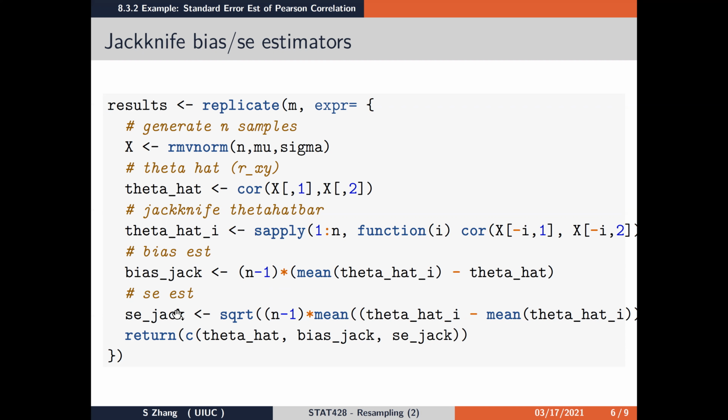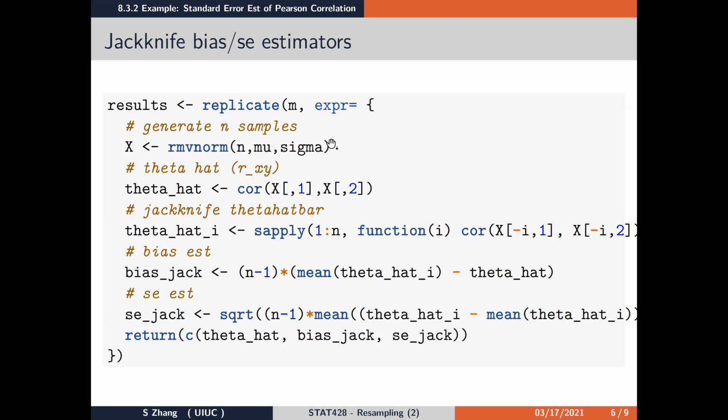The standard error is given by the square root of n-1 divided by n times the sum of those things, which essentially is n-1 times the mean of the individual theta hat i's minus theta hat bar, squared. There's a square that's getting outside of the screen over here, but you should be able to find it in the code for the examples.